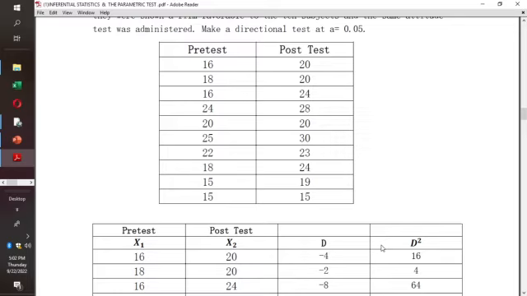The pre-test data is 16, 18, 16, 24, 20, 25, 22, 18, 15, and 15. For the post-test, 20, 20, 24, 28, 20, 30, 23, 24, 19, and 15.